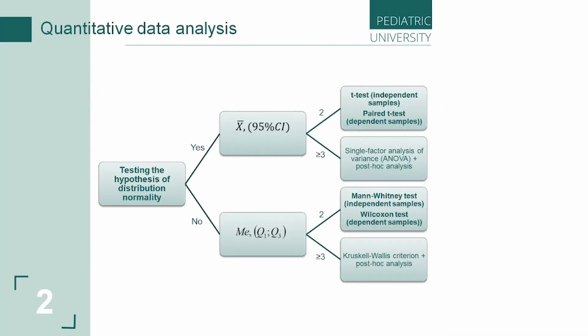So, in the previous lecture, I told you about the importance of checking the normality of the distribution. Why? Because in further analysis of the data, depending on the type of distribution, normal distribution or not normal distribution law, there will be a different algorithm for describing the data and analyzing it.